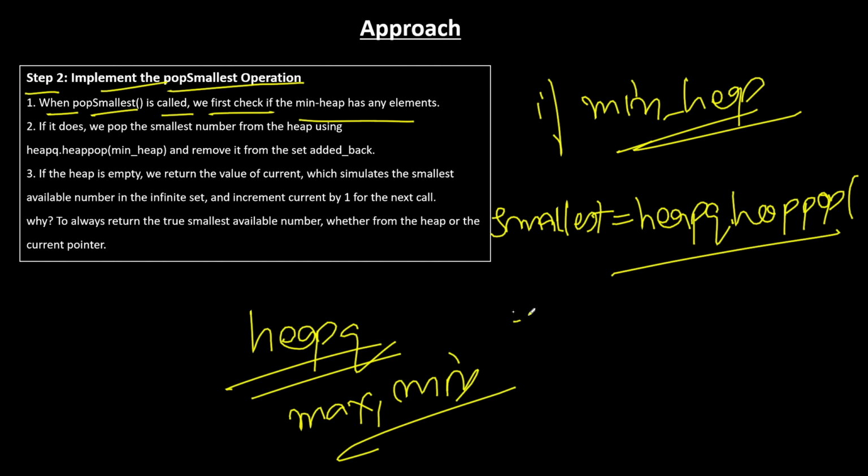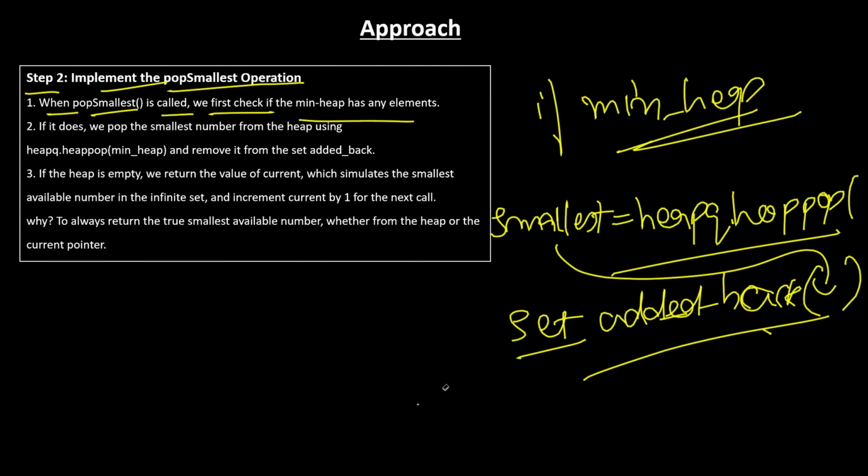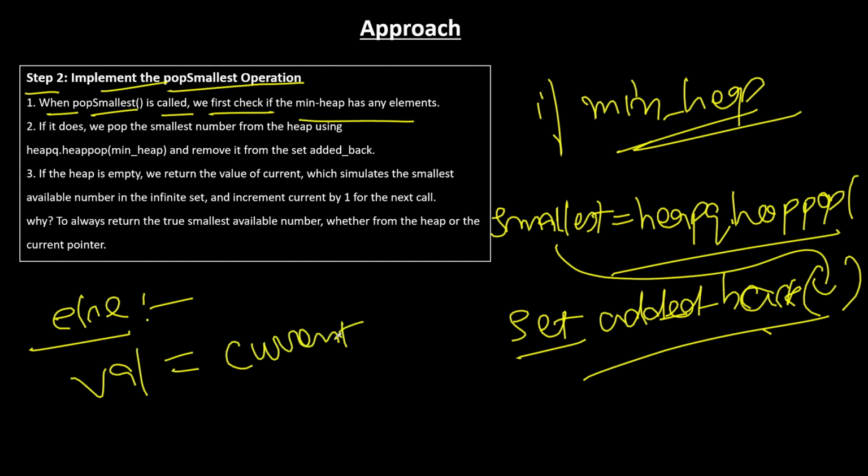After that, from the set, which we named added back, we remove the smallest element. Else, suppose that doesn't apply. In the else case, we take a variable val and set it to the current value of the count, and we return val.